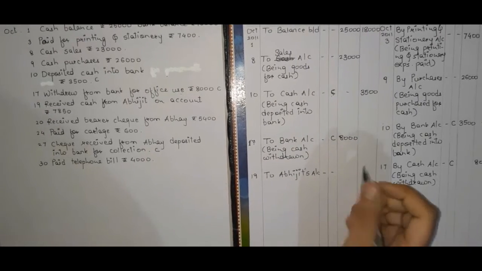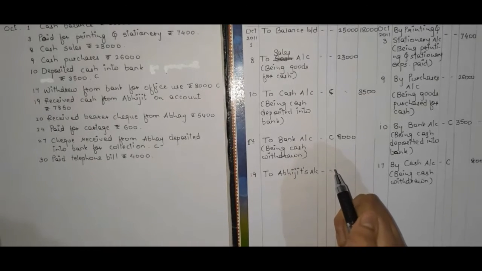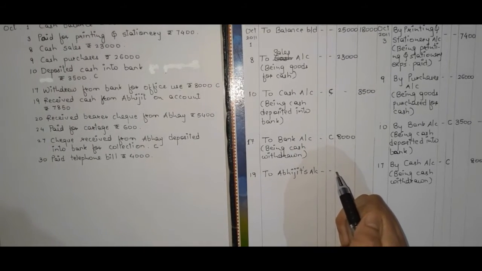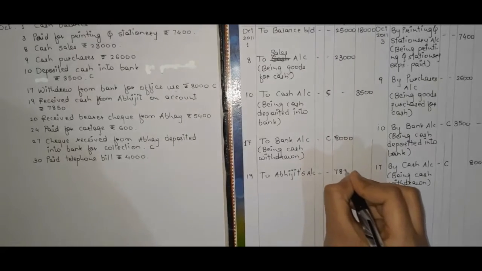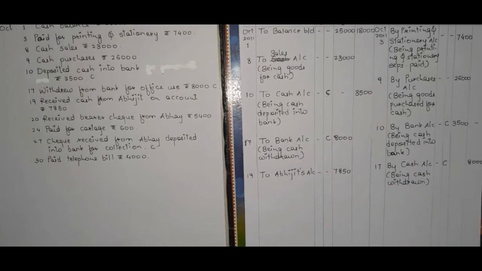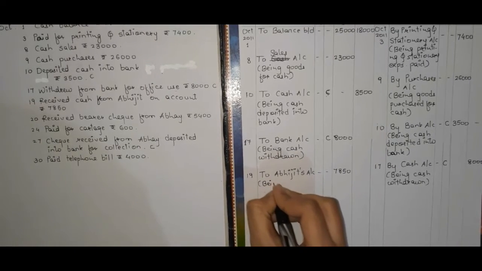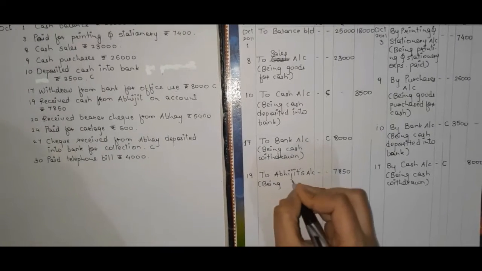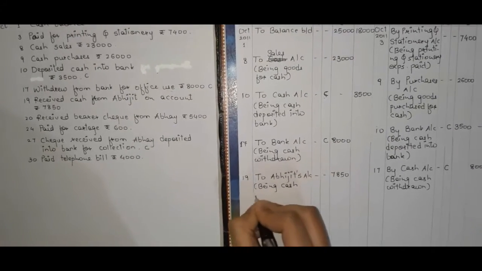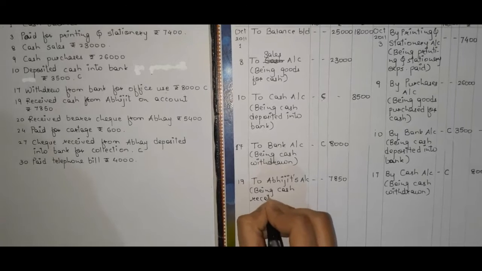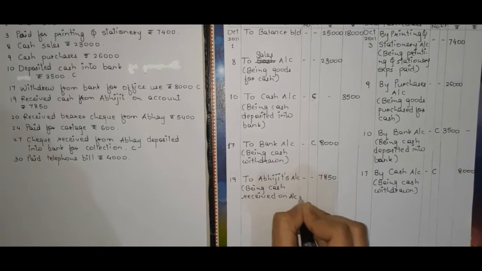Now here we are receiving the amount in cash, so we have to record this amount in the cash column. 7,850. Okay. Narration: being cash received on account. Okay, on account. I will write here in short form.